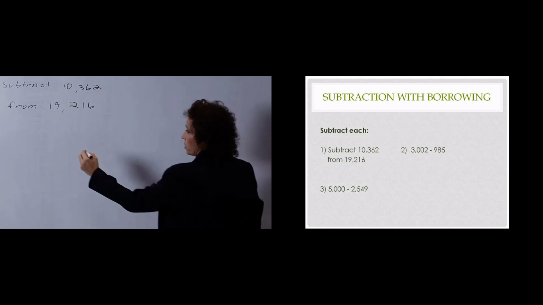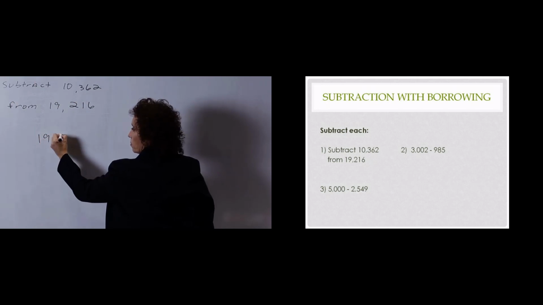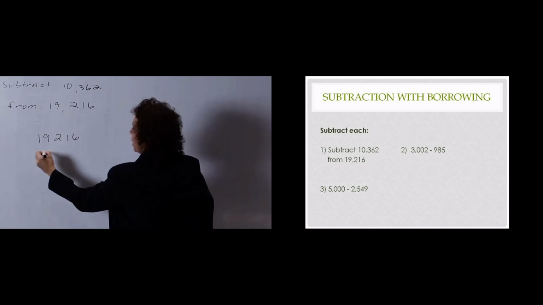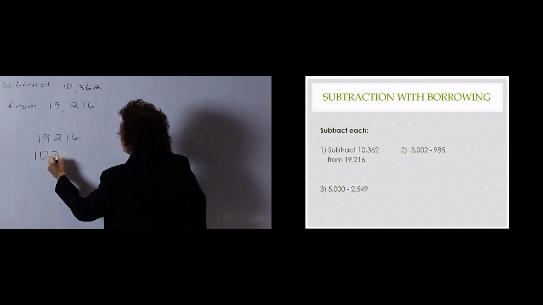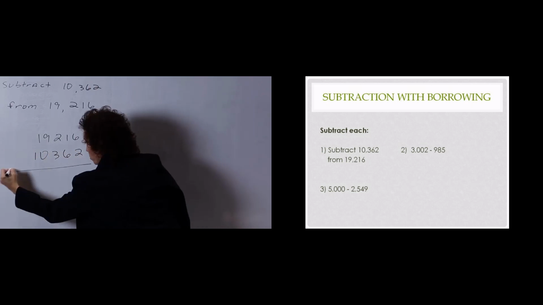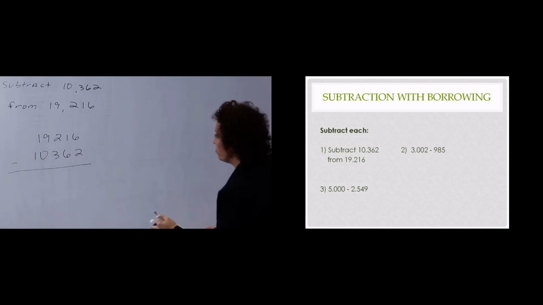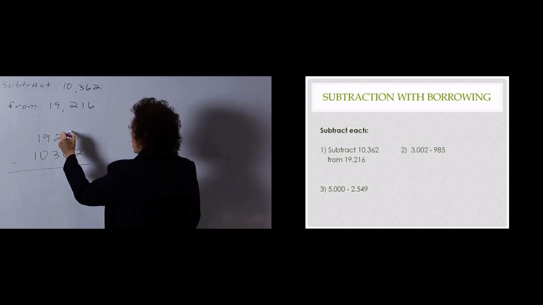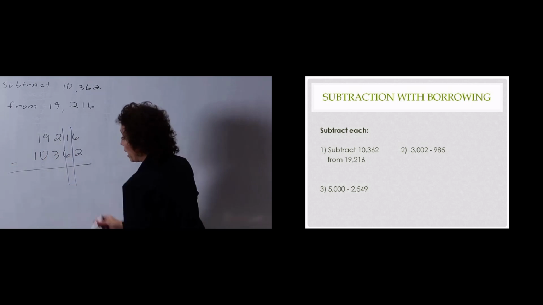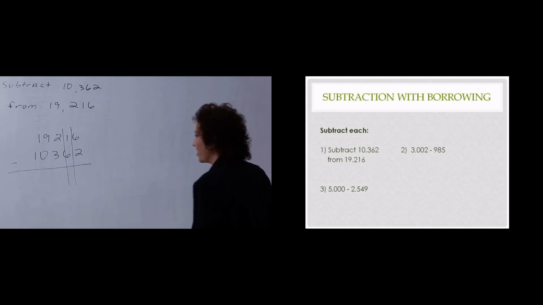Okay, so let's set this up. Again, up to you if you want to put it on graph paper or if you want to make lines so you can see it. Absolutely up to you. If it's not a problem for you, then you don't want to do that.